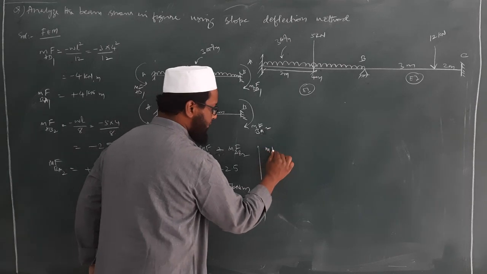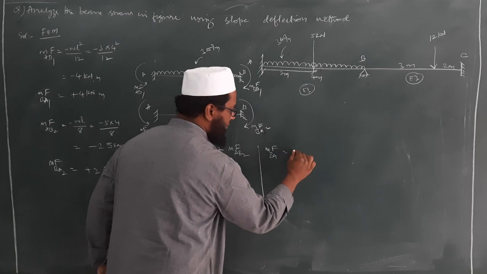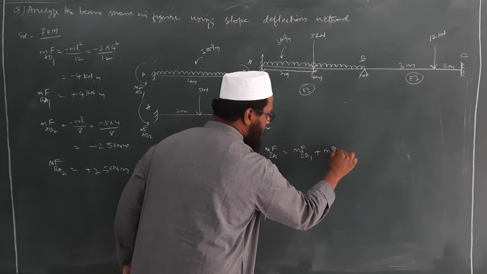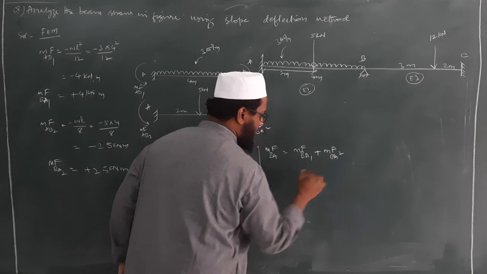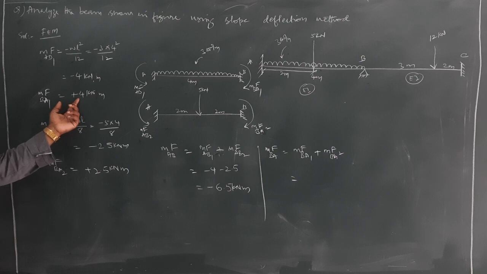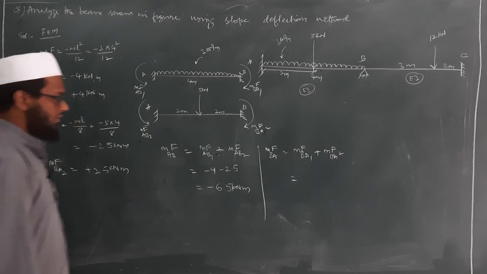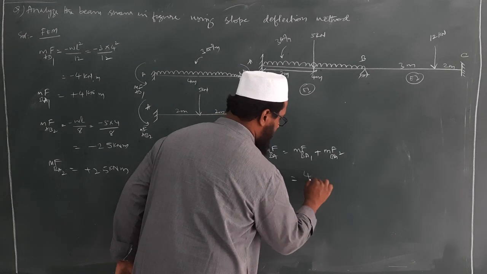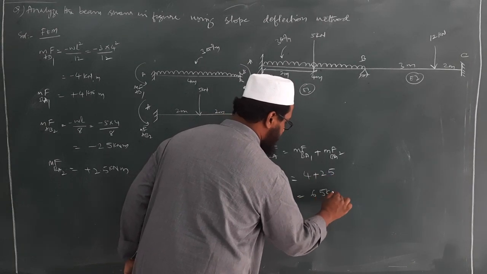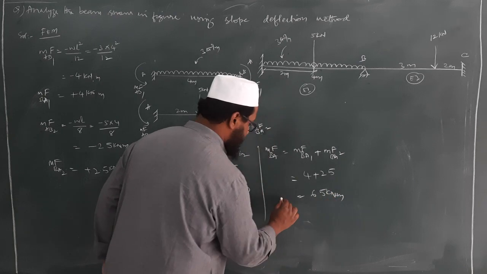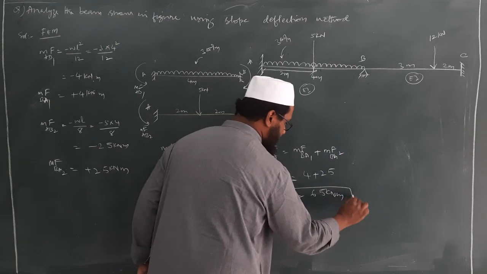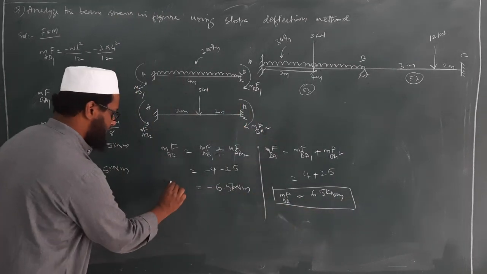What about MFBA? MFBA is equal to MFBA1 plus MFBA2. We have plus 4 and here we have plus 2.5. 4 plus 2.5 is equal to 6.5 kilonewton meter. This is MFBA. Able to follow this one? Yes. This is MFAB.